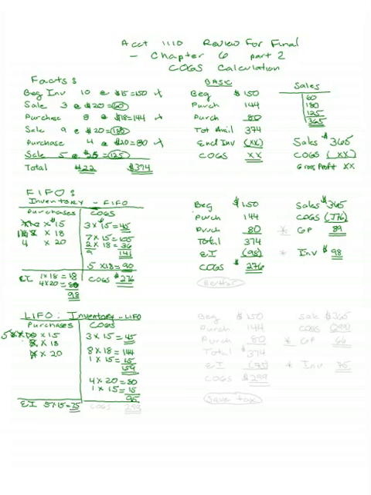So that's what I have in ending inventory under LIFO. And in cost of goods sold, I have 45, 159, and 95. So cost of goods sold is totaling 299 using LIFO.